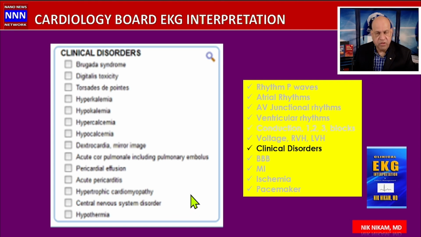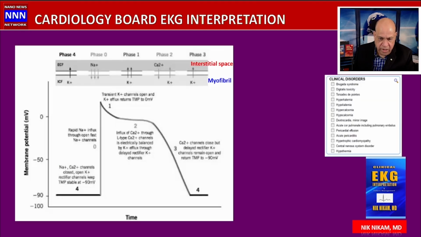A whole mouthful of terminologies, but you may not be getting every one of these. You may just get one or two of these, or maybe three of these, but it is important to understand the significance of the metabolic changes in the electrocardiograms.